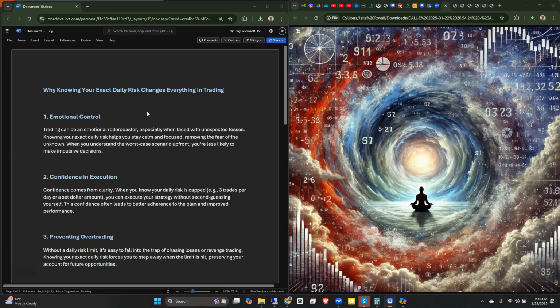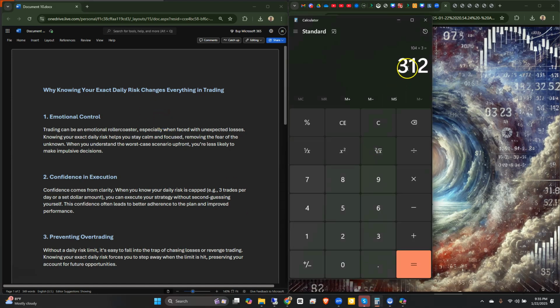And I'll even take that number and I'll have an extra safeguard. In this case, the 208 day with 2 micros would be $312 plus 25 in commissions.